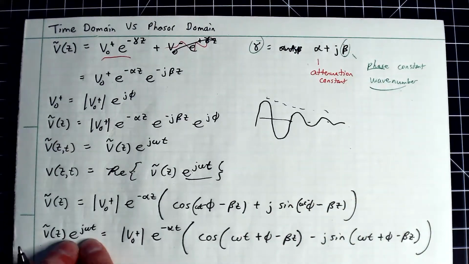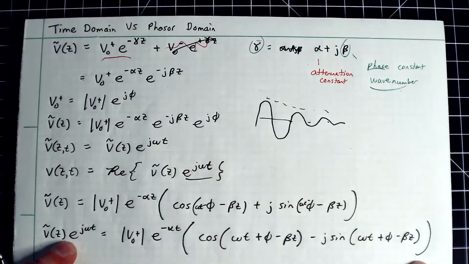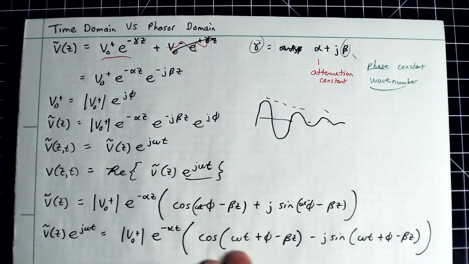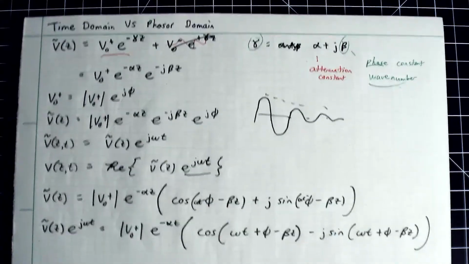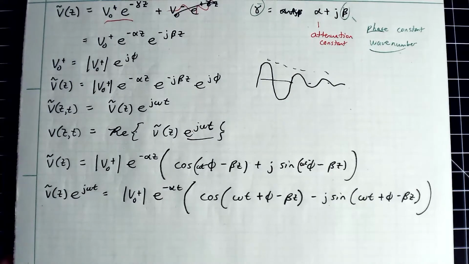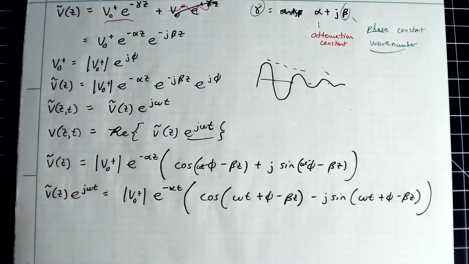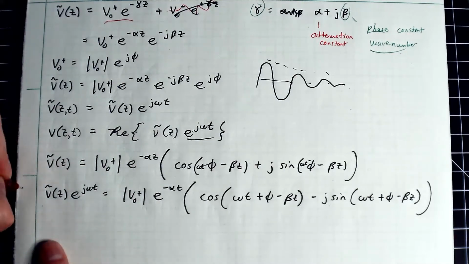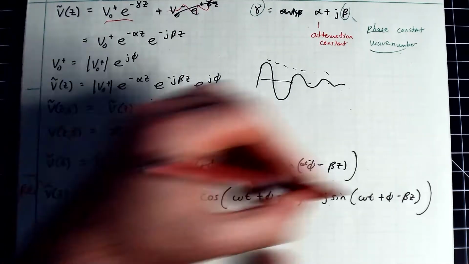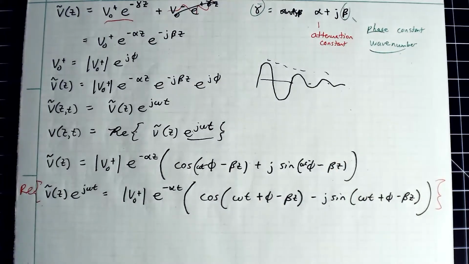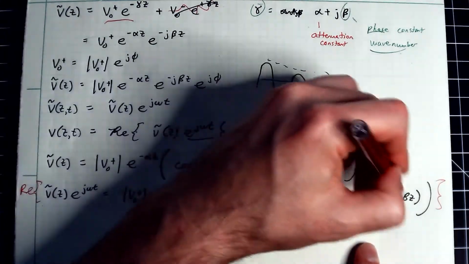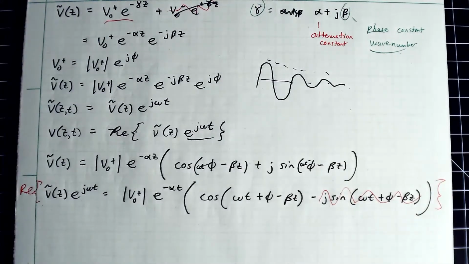I'm just multiplying that in there and applying Euler's identity, and you notice I get my cosine term, and then there's this annoying sine term with the imaginary component just hanging out. The way we clean that up is you just take the real part of it all. Imagine sticking a little Re onto everything, and all it does is have the effect of throwing away that annoying imaginary bit.